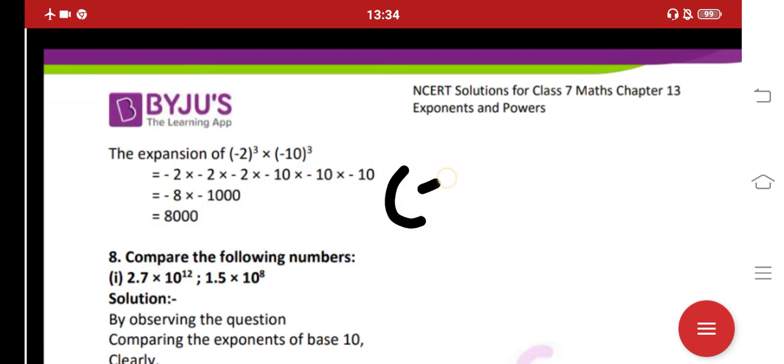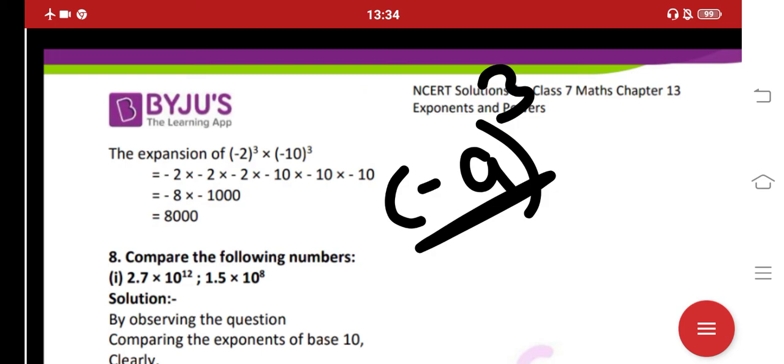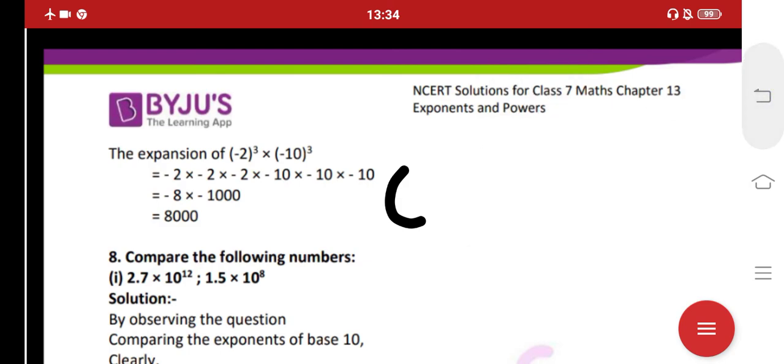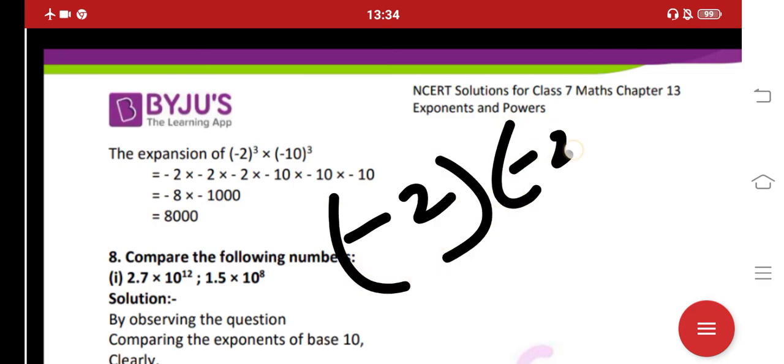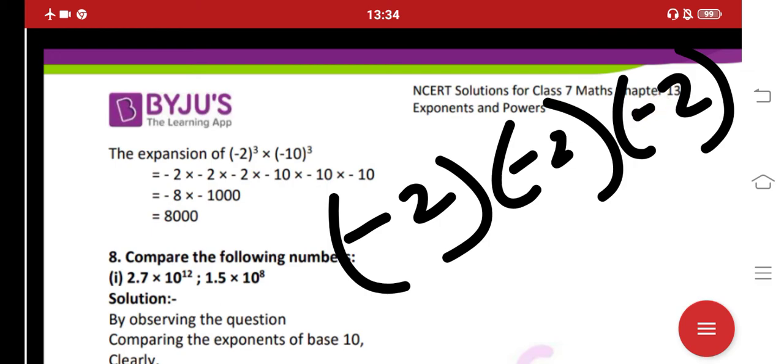If any base is negative and has a cube as its power, then our result is always negative. Like see, minus 2 into minus 2 into minus 2. Whenever you have a number with 3 negative signs, then our result is always negative.